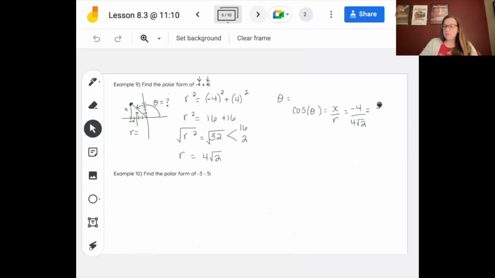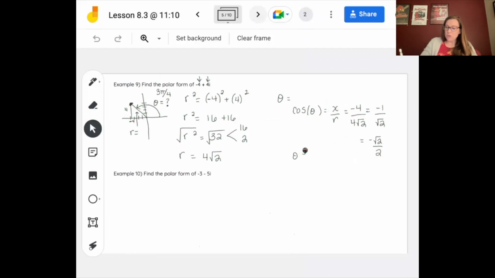Well, this does simplify to -1 over square root 2, but we want to rationalize our denominator. And this will give us negative square root 2 over 2, which is on our unit circle. So cosine is negative square root 2 over 2 at 3 pi over 4, which makes sense because 3 pi over 4 is in the second quadrant.